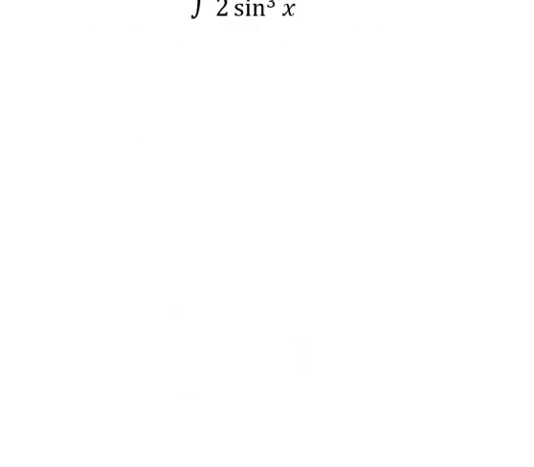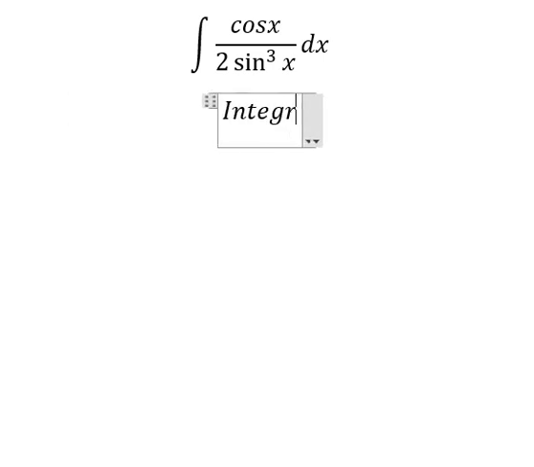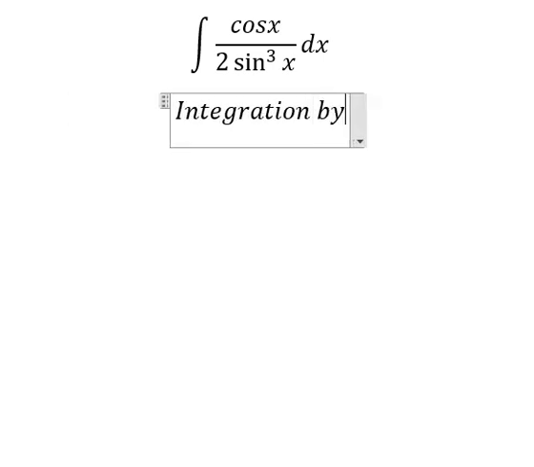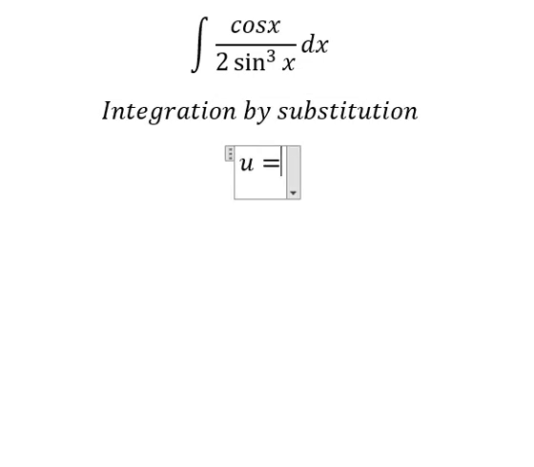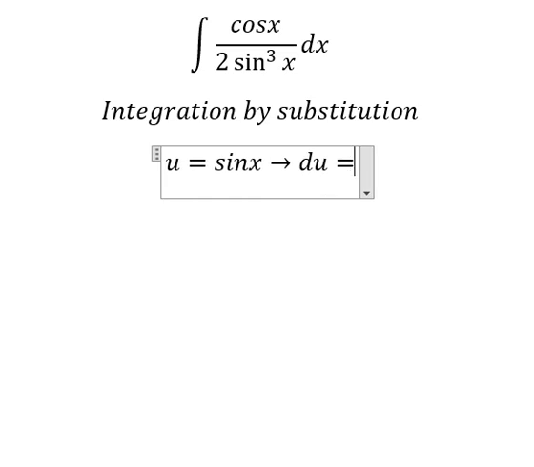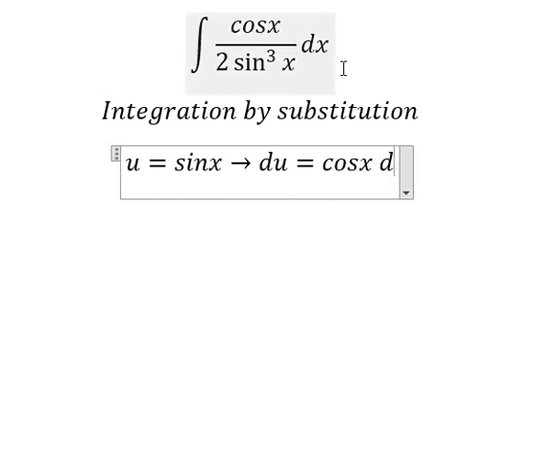So we can use integration by substitution. So I will put u equals to sine x. Later we need to do the first derivative for both sides, and we have cosine x dx.